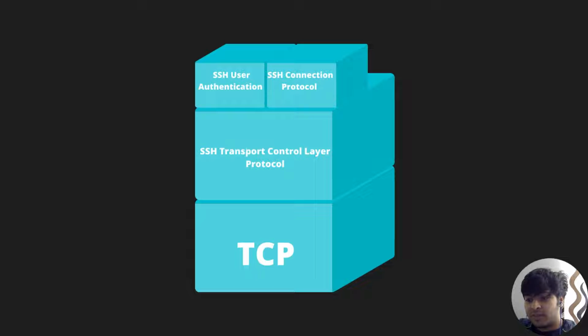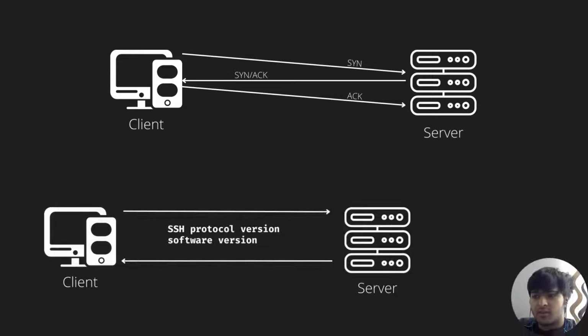Let's go through the steps involved in establishing an SSH connection between client and server to find out how things work. Since SSH runs on top of the TCP protocol, the requests start coming from the client requesting to communicate with the server. So here are the TCP handshakes that we see: SYN, SYN and ACK, and then ACK packets that are exchanged between the client and server to establish the TCP connection.